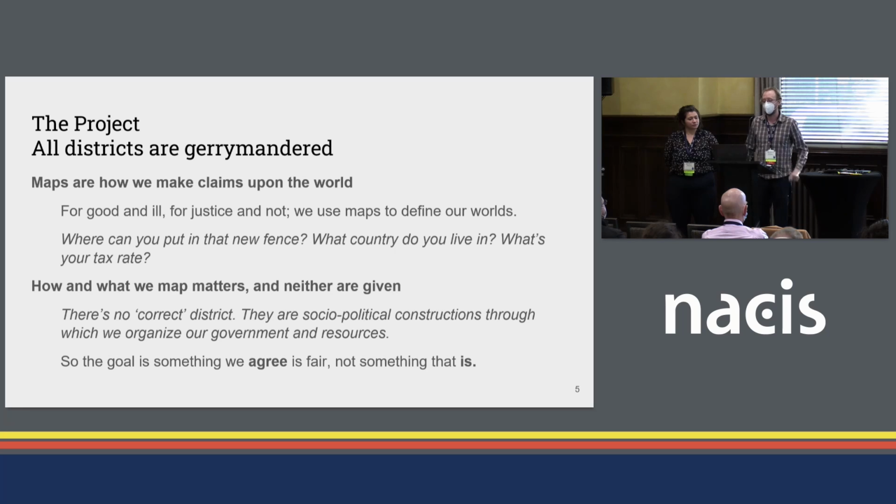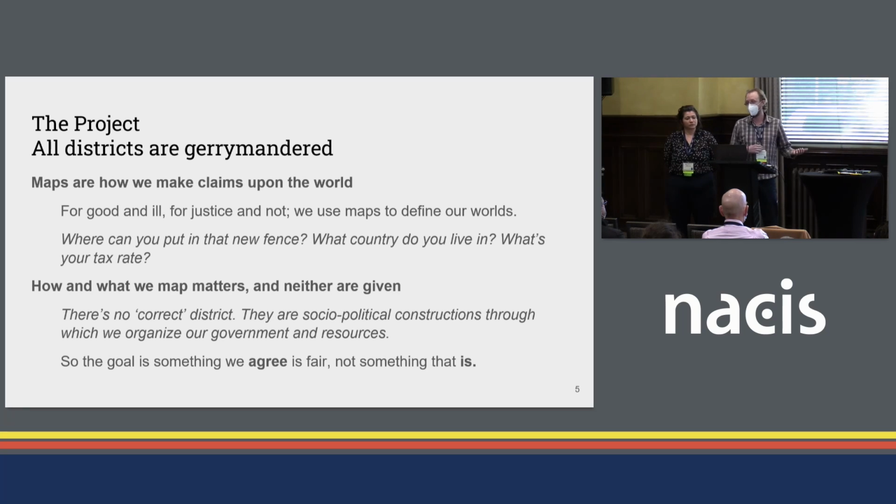To draw a line, to mark something as present or absent, to draw a boundary between people who get to vote in this area and people who don't. So if you start to think about it like this, and you accept that there's no correct district, that these are all socio-political constructions through which we organize our government and resources.